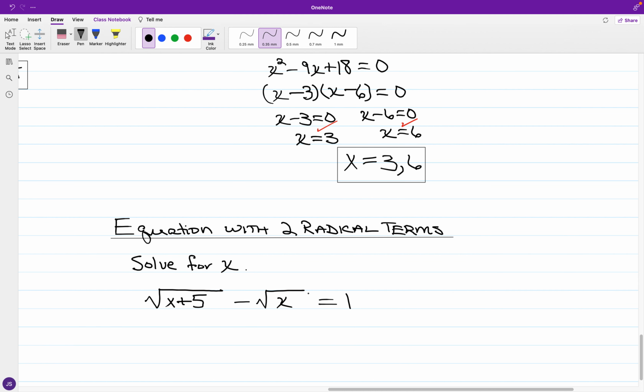Okay, so you have 2 distinct terms in the square root. Same type of radical with the square root, but here we have the square root of x plus 5 minus the square root of x is equal to 1.